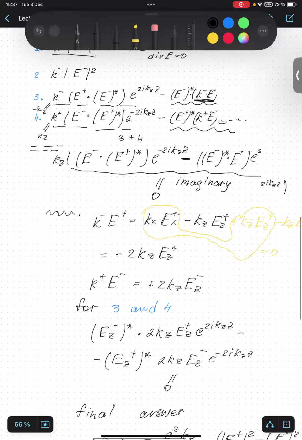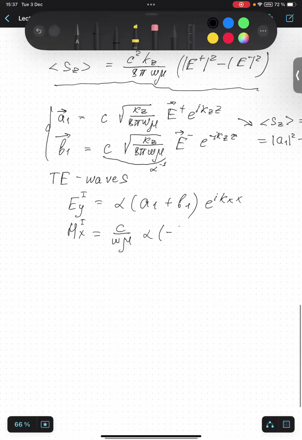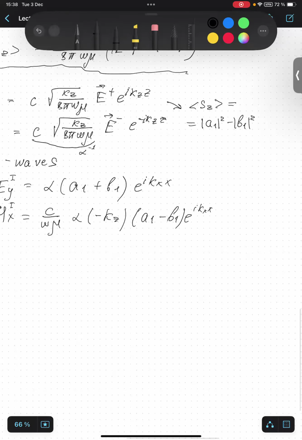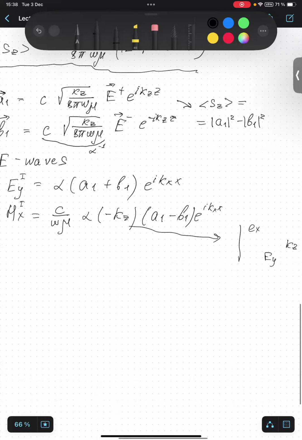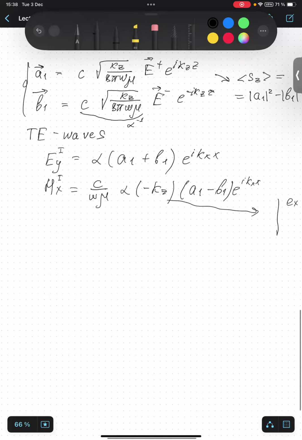And we obviously will obtain minus kz (A1 minus B1) e^{iKx x}. Kz is just a consequence of the vector multiplication. You have ex, so kz here, and ey. You will need to know ey, and when you multiply it, you will just obtain minus kz.